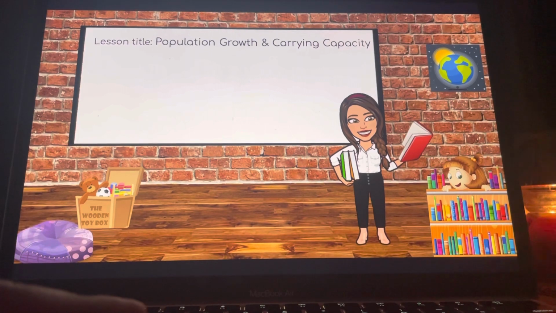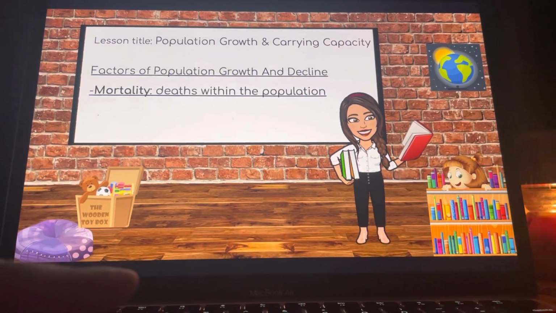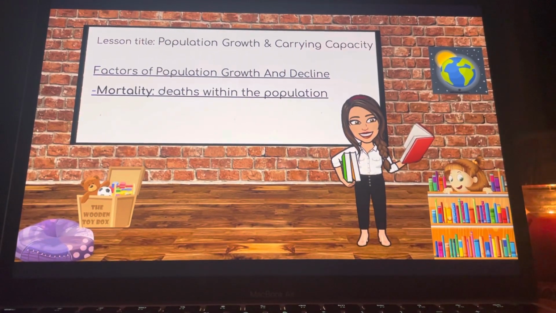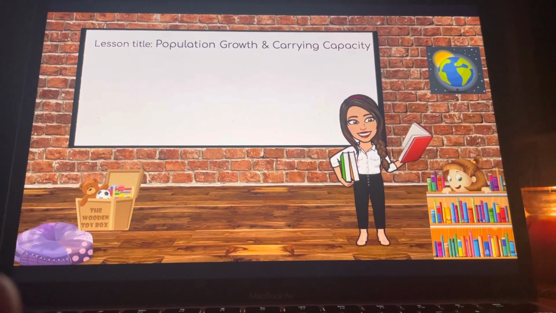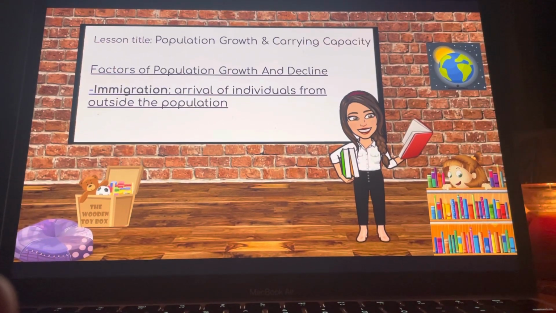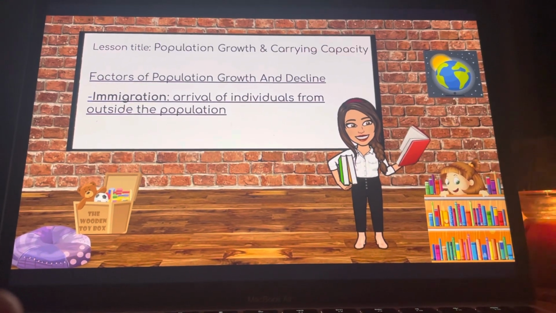Second on our list, we have mortality, which is the deaths within the population. Third, we have immigration, the arrival of individuals from outside of the population.